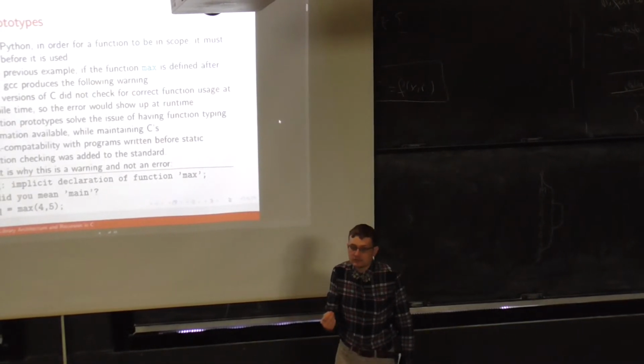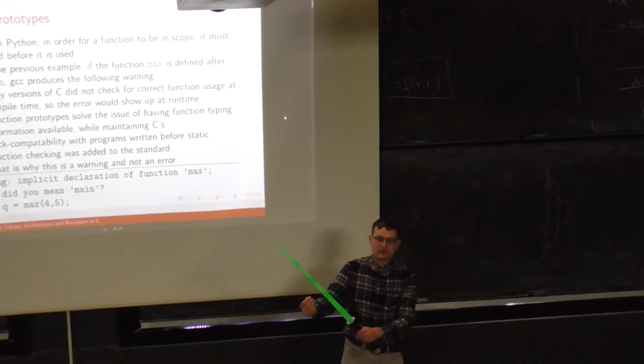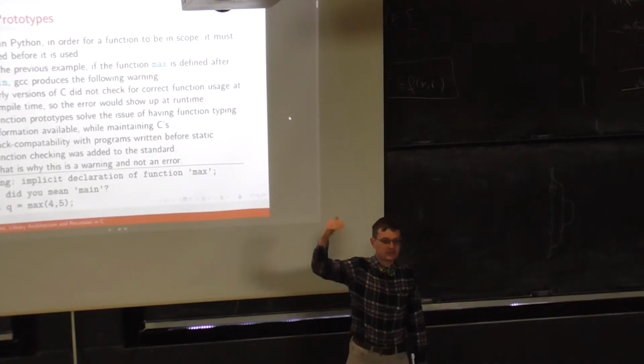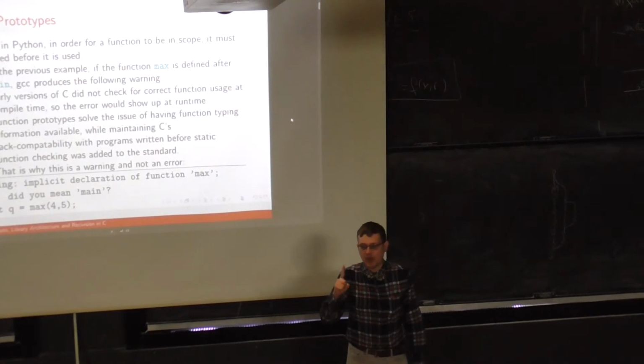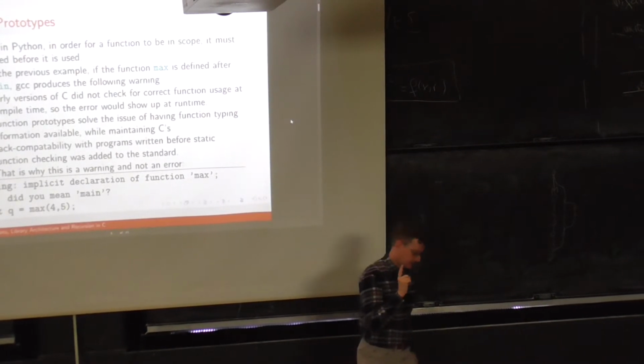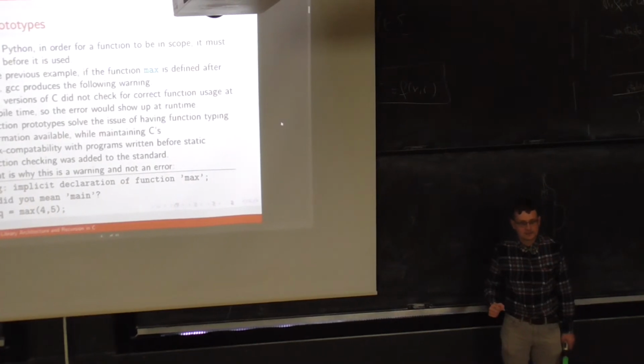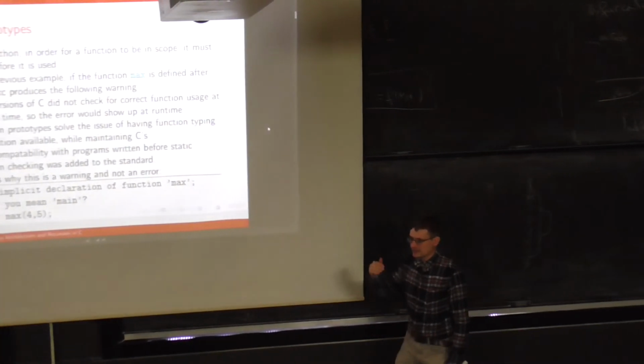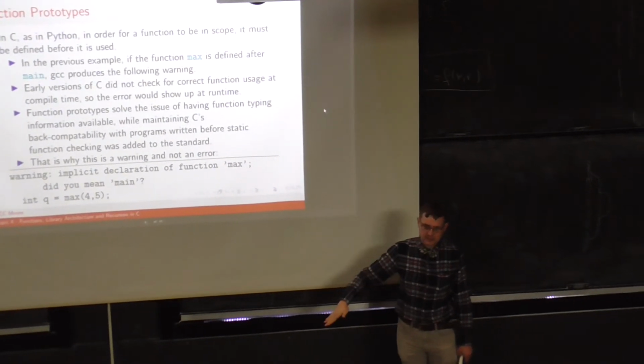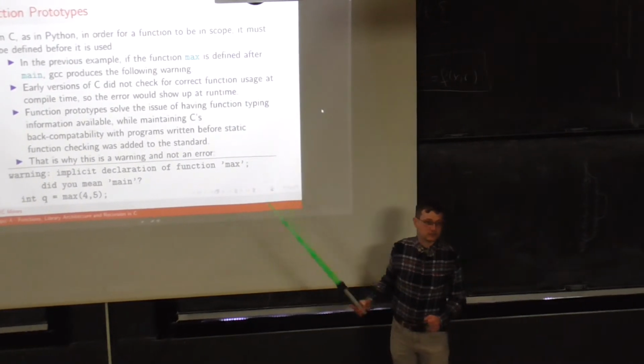So it allows you to break out of the requirement to have things defined before they're used. It's kind of like declaring a variable without having instantiated it. You declare it up front, you instantiate it later. Same idea with function prototypes.